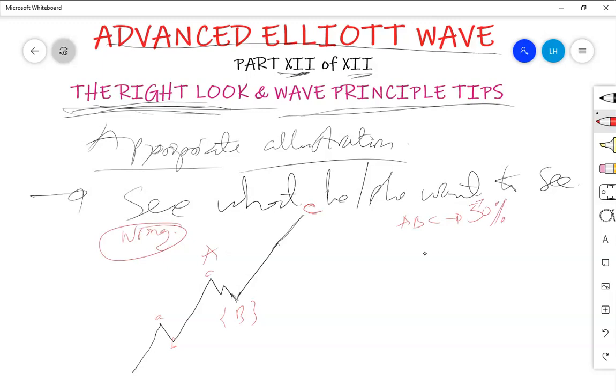In an ABC, wave B must retrace down, must go deeper, at least to 50% of the previous move. Then it goes on. So now you'll find that here, this wave B is too shallow. Being shallow, this will be one reason why this is not an ABC.